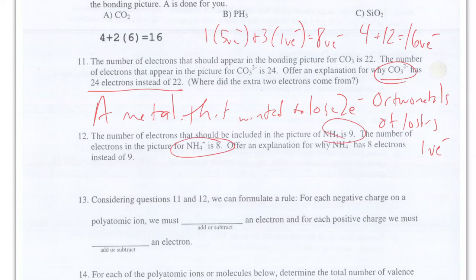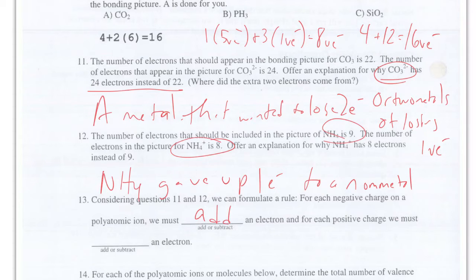NH4 plus is 8, so the NH4 gave up 1 electron to a nonmetal, somebody that wanted to get it. So for a negative charge, we need to add an electron, and for a positive charge, we have to subtract an electron.